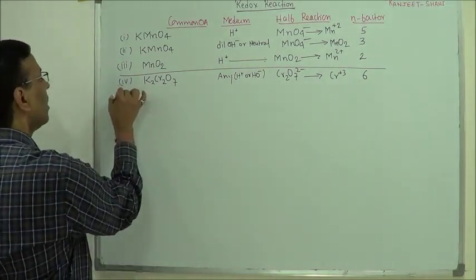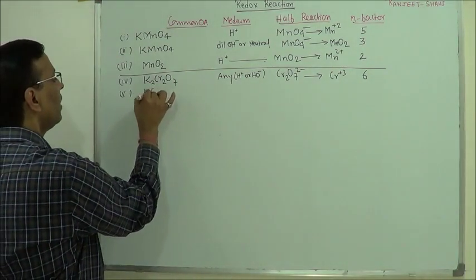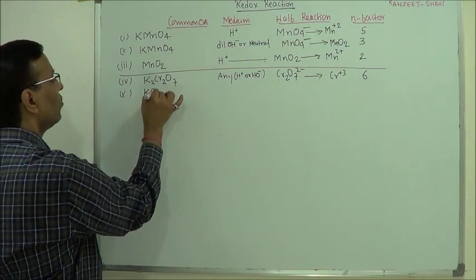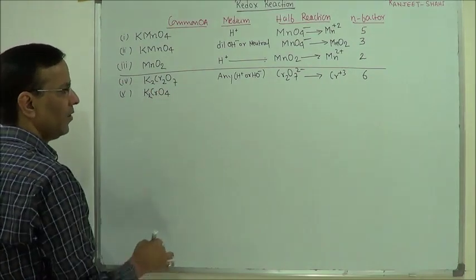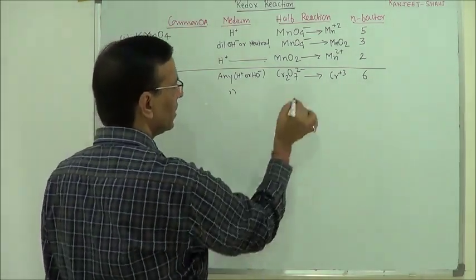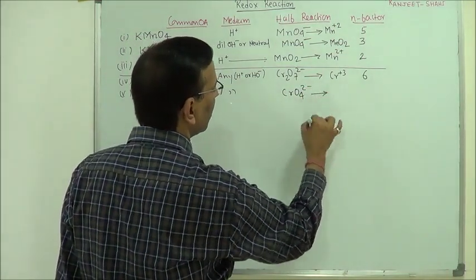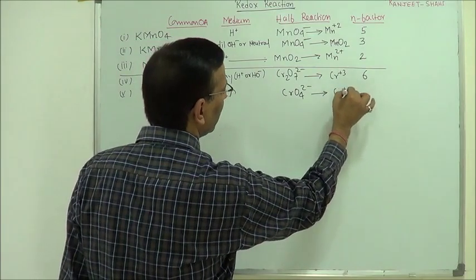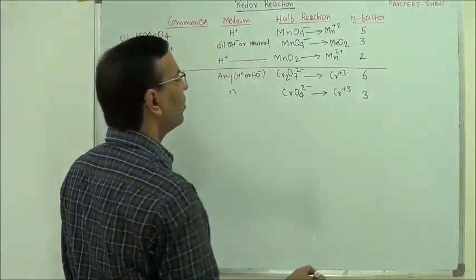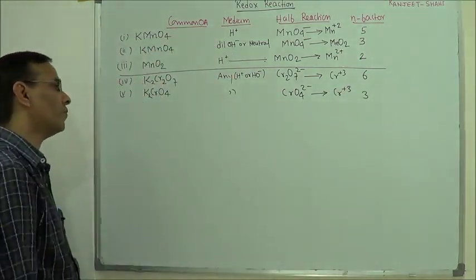But we have just seen if we use K2CrO4, potassium chromate, then the change in oxidation number will be of 3 units only. There is 1 chromium only.